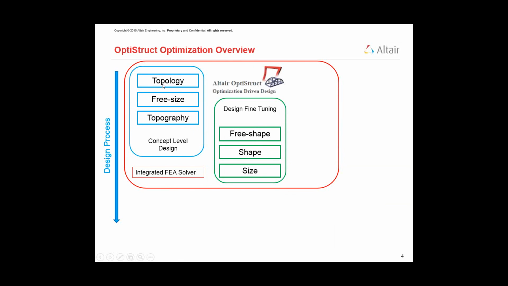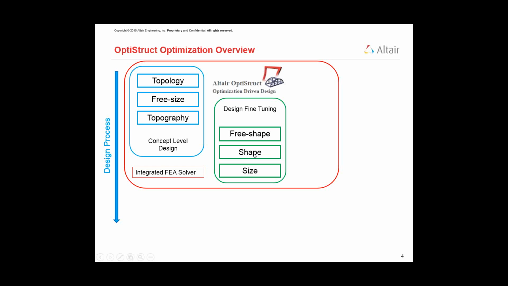With topology, what we're changing is whether or not an element is necessary. With free size, what we're changing or establishing is the thickness of any individual element. Topography is the overall height location of a node to determine the bead size. Free shape is another nodal-based optimization that changes the location of a node to determine the shape of a part.